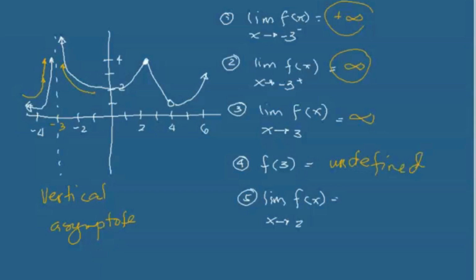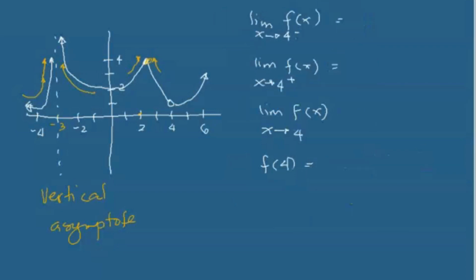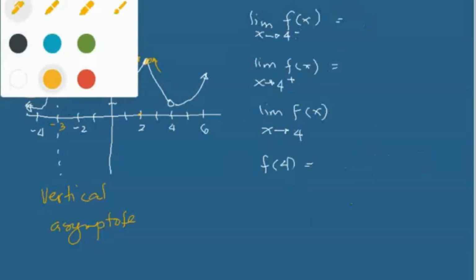Next question, find the limit of f of x as x approaches positive 2. So here is the 2. As it approaches 2 on both sides, we can see that it is 4. So next we'll use the same graph.